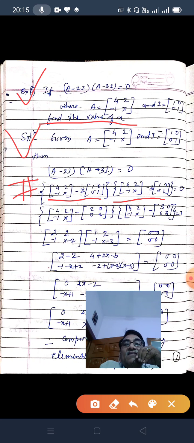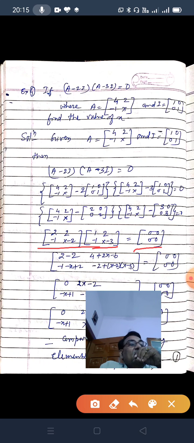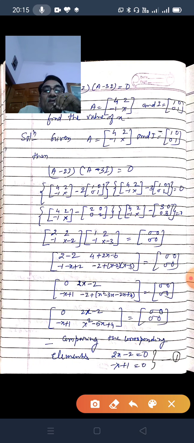You see this one matrix into another matrix, and here the right side is 0. 0 can be written as 0 0 0 0, also a matrix, the 0 matrix. Then you multiply it. If you multiply, you will get another matrix on the left hand side. The final matrix is there, 0 2x minus 2, minus x plus 1 and x square minus 5x plus 4, and 0 0 0.